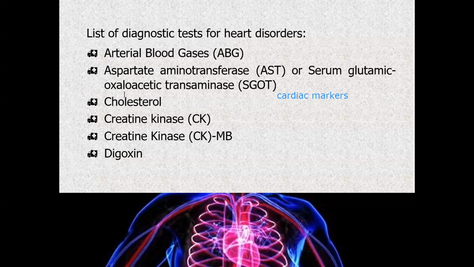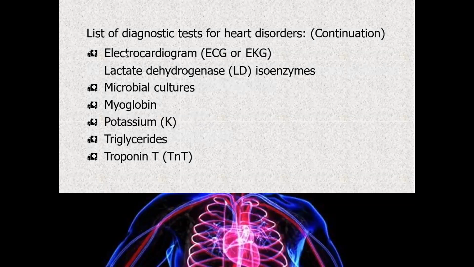Okay. So, yan plus yung mga test na ginagawa to diagnose a heart disorder. Okay. So, ayan class, of course, we have the electrocardiogram, the ECG, okay, lactate dehydrogenase, yan, myoglobin. Ito class, no? Pag ACE yan, mga cardiac markers yan. Ibig sabihin, pag ang isang organ kasi class, nakaka-experience siya ng injury, nagre-release siya ng enzyme.